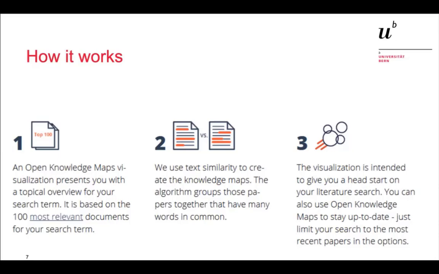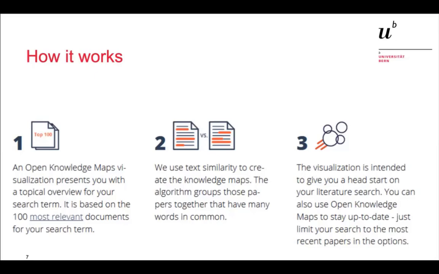And then when you have the 100 most relevant documents, when they have been delivered, Open Knowledge Maps uses text similarity between the metadata of the 100 documents. The algorithm then groups those papers together that have many words in common.